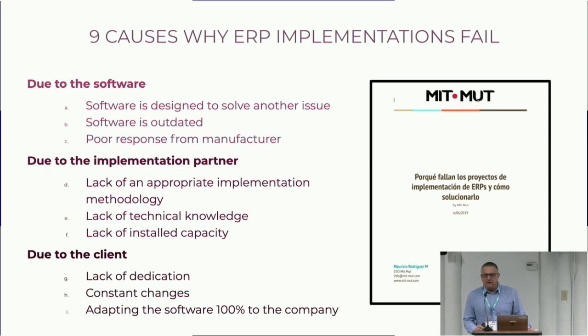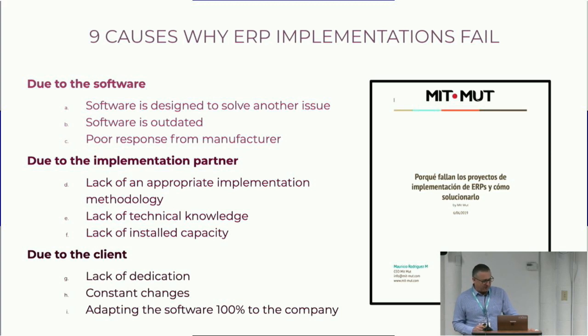I found 3 due to the software: when the software is designed to solve another issue, when the software is outdated, and the poor response from the manufacturer are reasons for failure due to the software. We are happy that Odoo is not in this case.